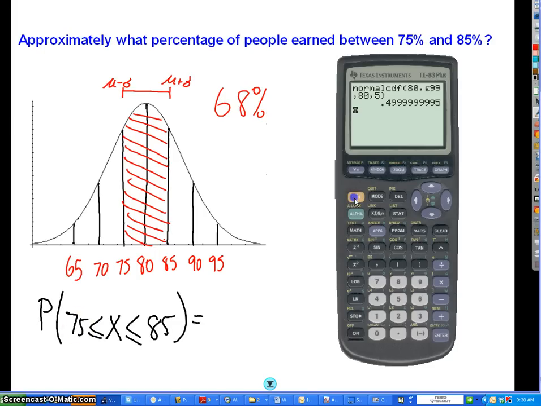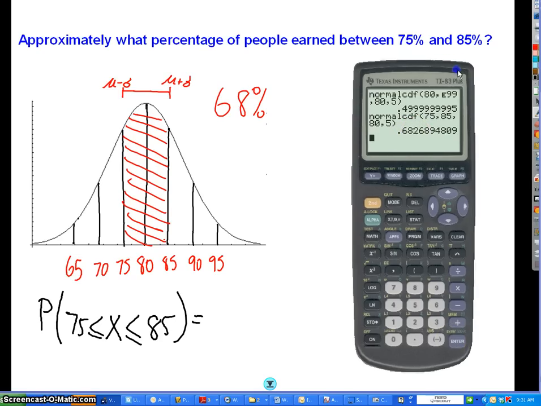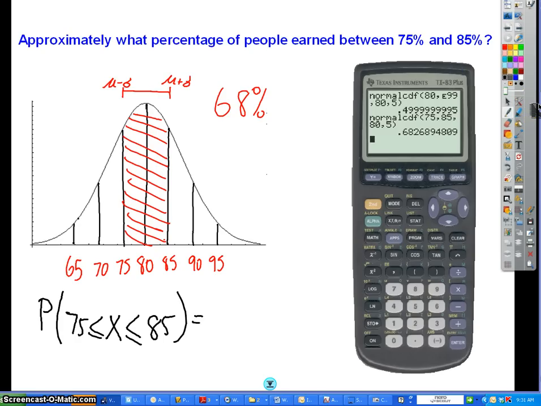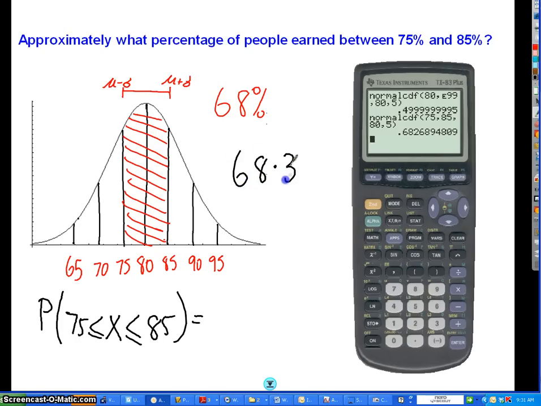So let's go in again. Normal CDF. This time we have a distinct min and max, so I can just put 75, comma 85. My mean once again is 80. Standard deviation 5. Last time we got 68%. Let's see what we get here. Oh, look at that. To 3 sig figs, 68.3%. So we can write that down now in black this time. Technology gives us 68.3%. Look, very, very close.